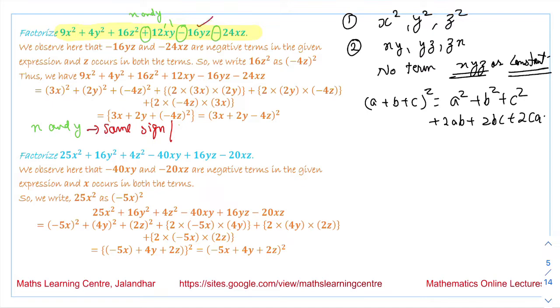Next, y into z is negative, which means y and z have opposite signs. Third, x and z have opposite signs.